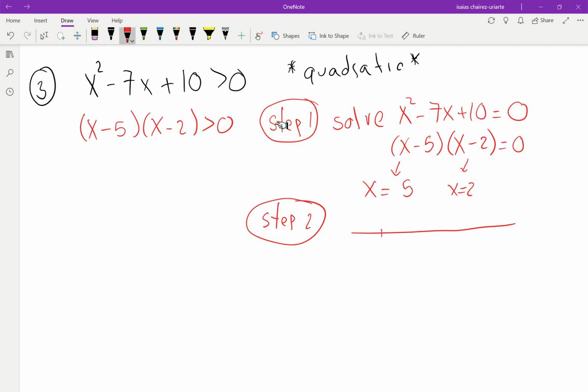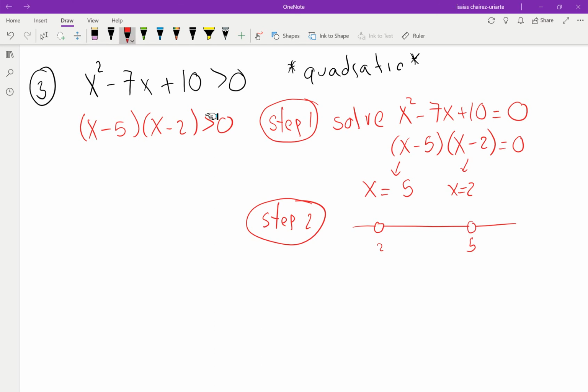So I have 2. And right now, you see, I'm dealing with a strict inequality. So right here at 2, I'm going to draw an open dot because it's a strict inequality. Same thing over here at 5.